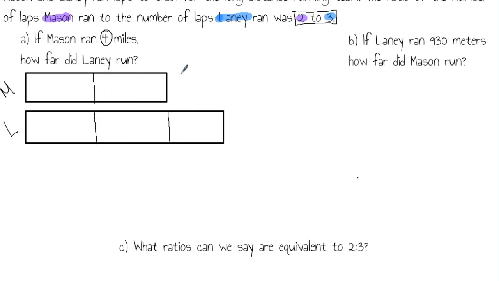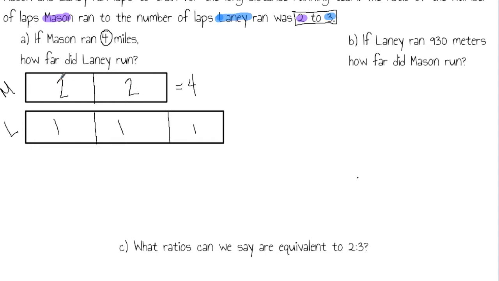Okay, so if Mason ran 4 miles, we can assume that right now this is a mile and this is a mile. So it would be 1 mile, 1 mile, 1 mile, 1 mile, 1 mile to equal 2 to 3. Well, now we want Mason's laps to equal 4 miles. In order for Mason's laps to equal 4 miles, each of his boxes has to be worth 2.